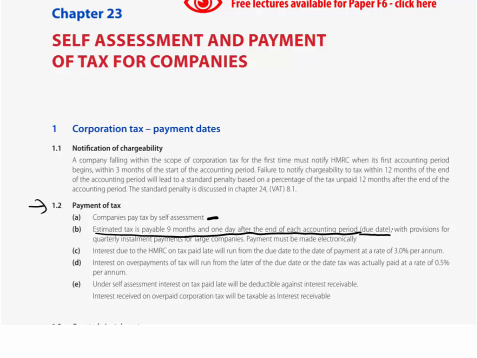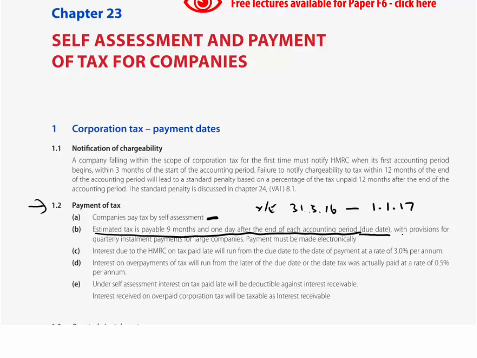So if, for example, we were dealing with the year ended 31st of March 16 and the company was not required to make quarterly instalment payments for that period, the due date 9 months and 1 day after the end of the accounting period would put it through to the 1st of January 17. So at that date, we must settle then our corporation tax liability for the year ended 31st of March 16, 9 months and 1 day after the end of the accounting period.